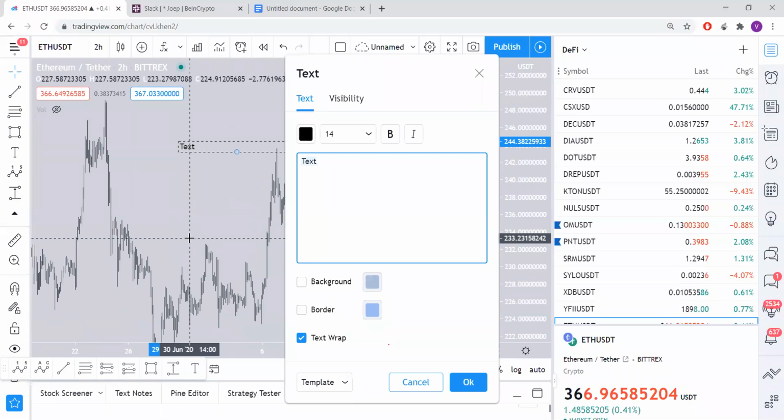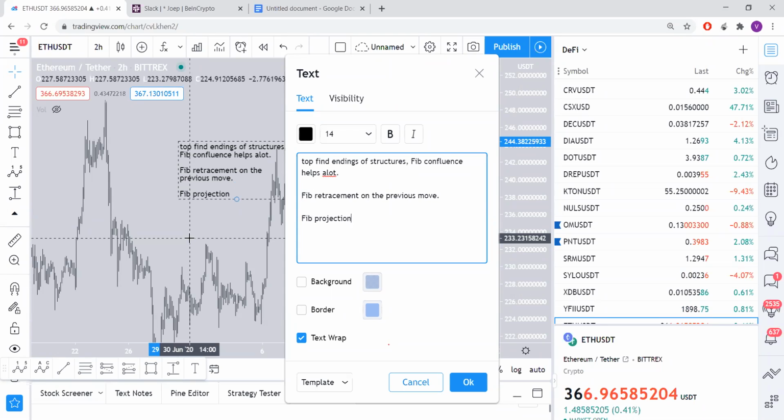Okay, so to find tops, to find endings of structures, use fib confluence. Basically, use a fib retracement on the previous move.